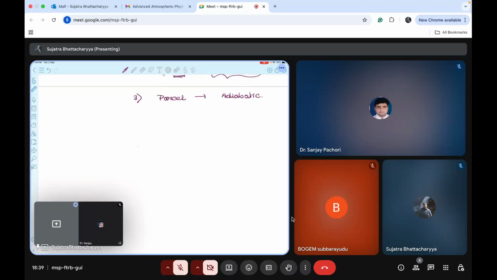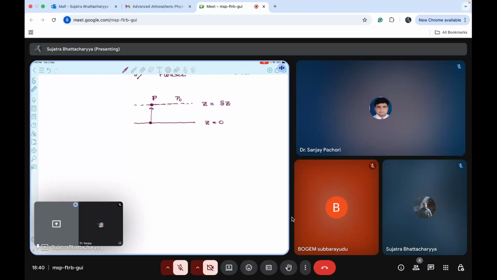So let us consider there is a level z equal to 0, and another level here, z equal to some delta z. Here there is a parcel and there is an environment, as you can see. This parcel is lifted to some pressure level P. At this level, the pressure of the parcel is exactly equal to the pressure of the environment.